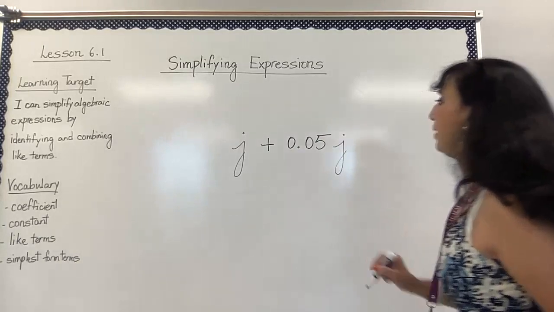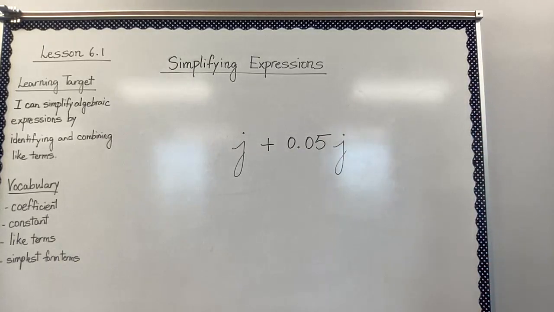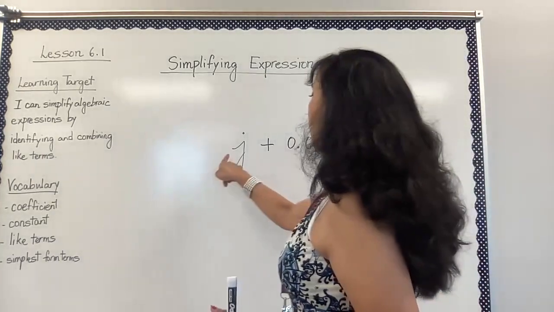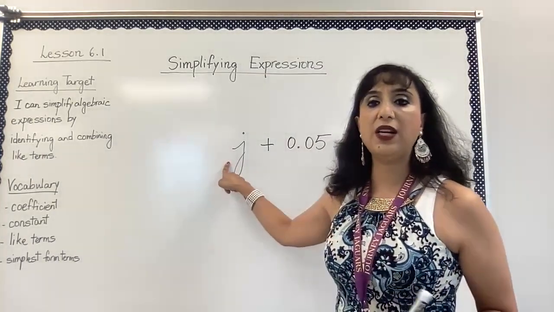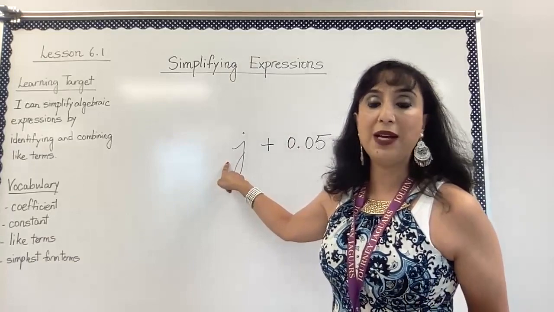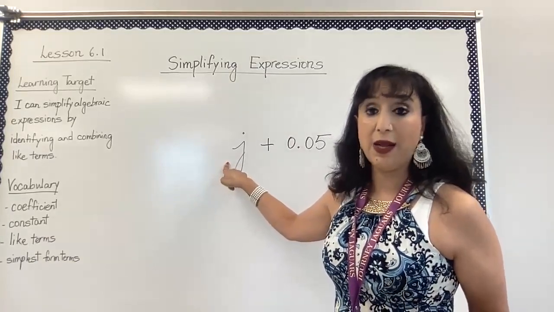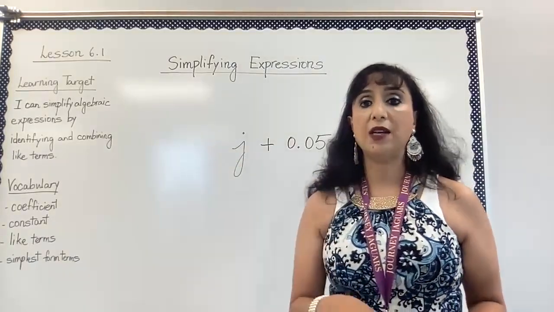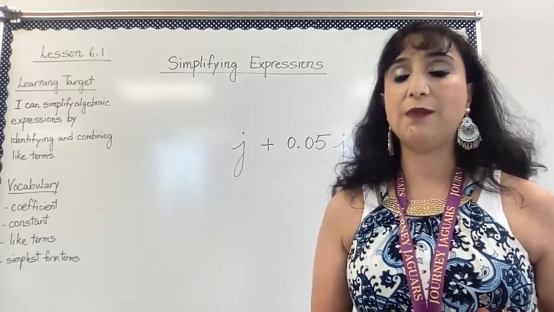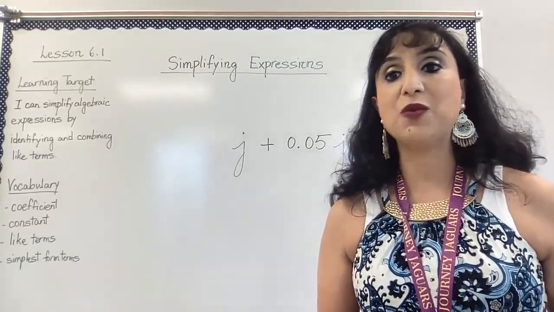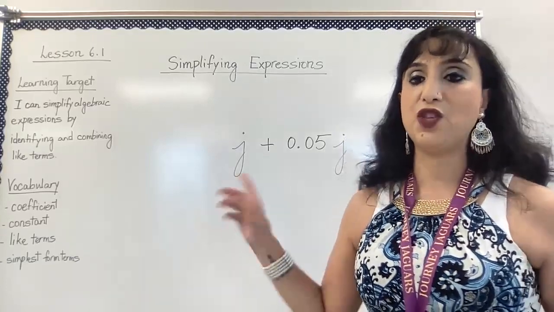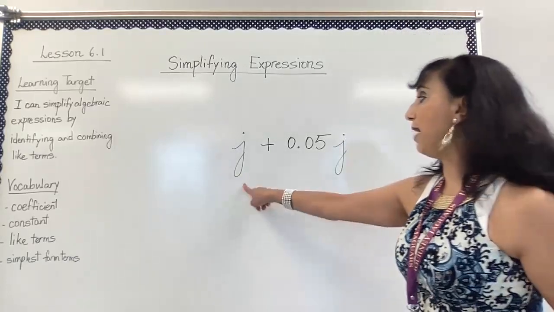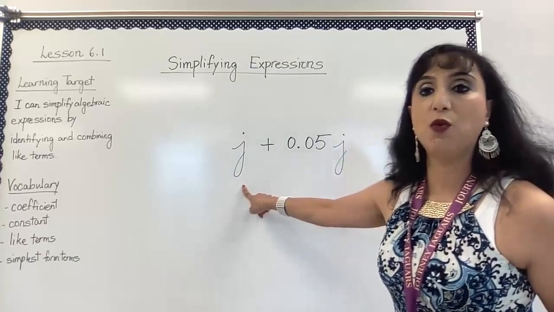So if I have something like this given to me, we are supposed to simplify this expression. We are going to identify the property that if I don't have a number or a coefficient written in front of a variable, that basically means it is 1. So that is 1j, because based on the multiplication property of 1, anything times 1 is the number itself. So j times 1 would be j. If I've got j written over here, that means there's 1j.